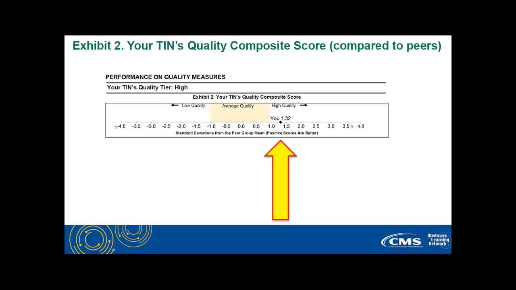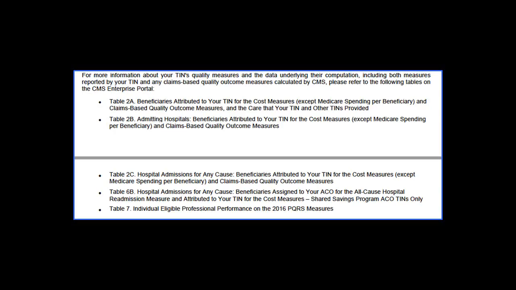So for this particular group, they had a composite quality score which was greater than 1 standard deviation better than national peers. Their score was 1.32. Thus, they were deemed to be of high quality and in that upper right-hand quadrant that we showed. How did they get to the 1.32? Well, it comes from a variety of data sources.